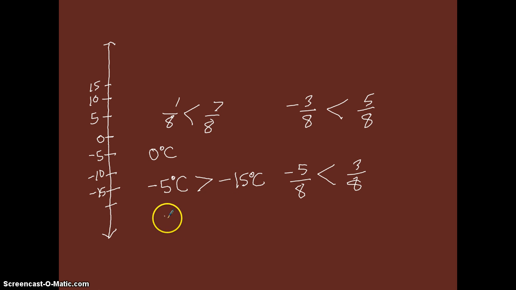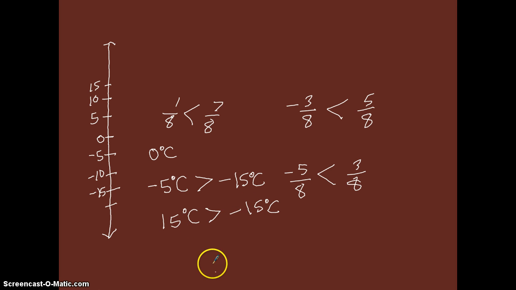Let's look at another one. Let's say I have 15 degrees Celsius and I have -15 degrees Celsius. Because 15 is much higher on the vertical number line, it is going to be greater than -15 degrees Celsius. Just because we have the same numbers doesn't mean anything, because this is positive and this is negative.